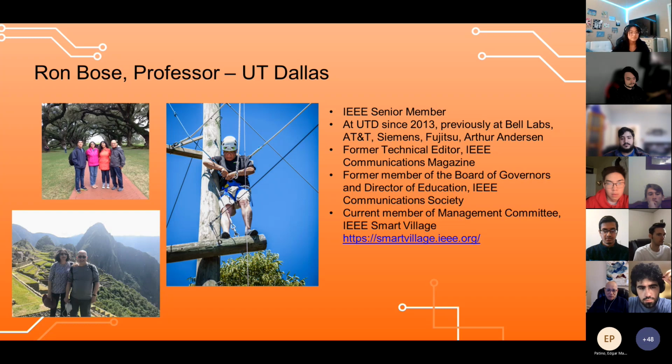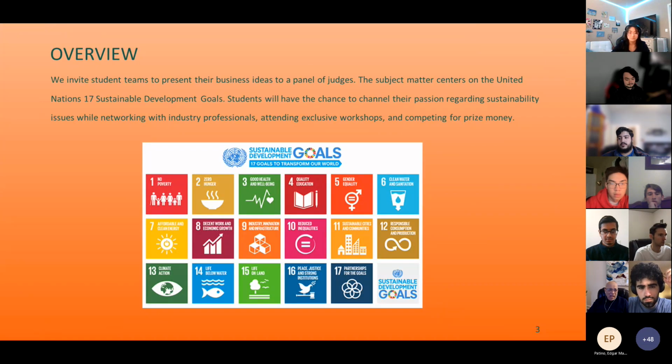In the School of Management, we have been sponsoring something called a sustainability case competition. The competition involves coming up with a business plan or idea around something that ties into one of the United Nations 17 Sustainability Development Goals.